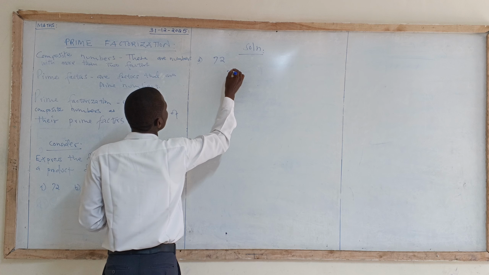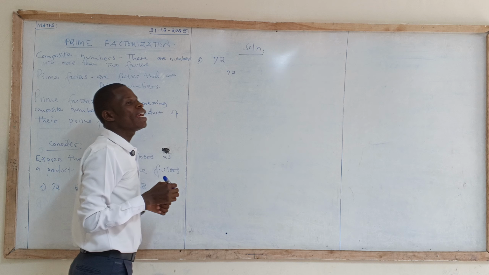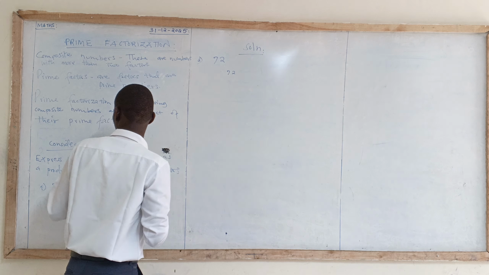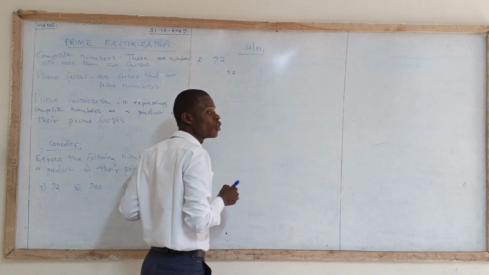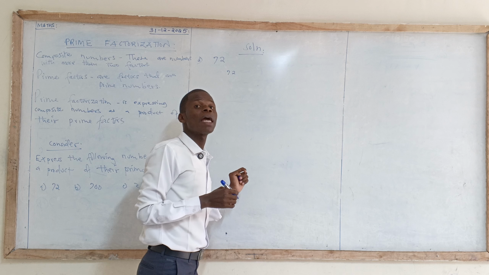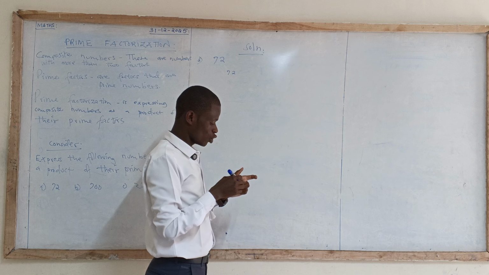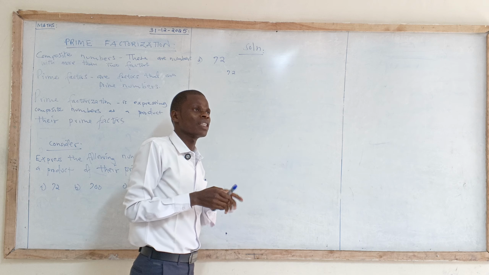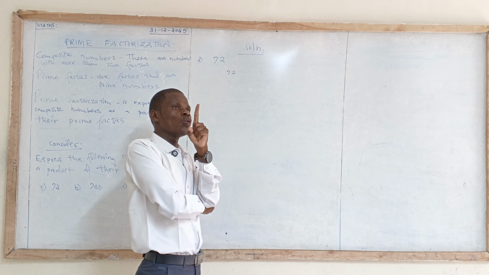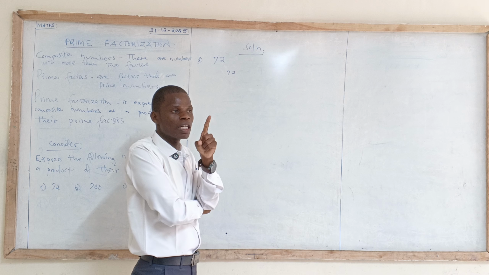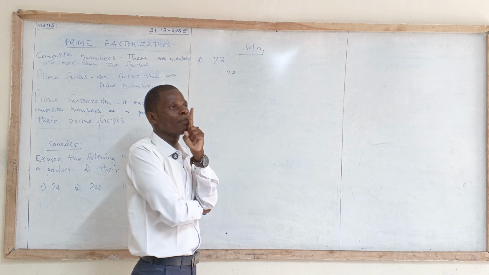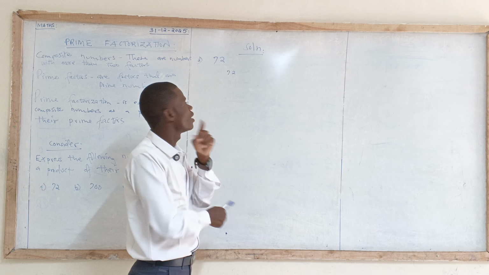So if we have 72, remember we are dealing with prime factors only. The smallest prime factor that can divide 72 is 2, my smallest prime factor that is also an even number. Can 2 divide 72? Yes.